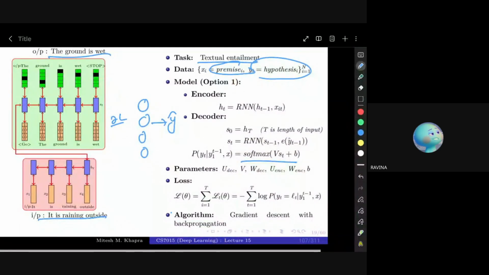So if you know how to differentiate an RNN, then that is the same thing, right? Here we are sending the final output of the RNN through softmax of Ws t plus b, something like that. So it is almost the same as the RNN differentiation.